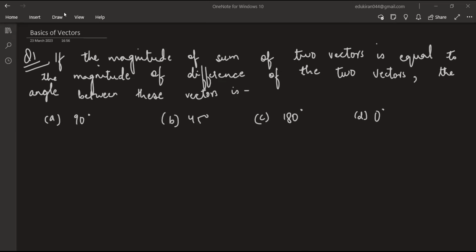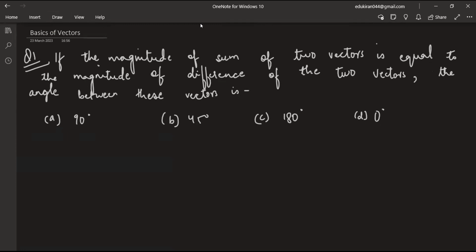See, class here. If I say magnitude of sum of two vectors, right? When it is written magnitude of sum of two vectors, for magnitude it means I can write just a plus b or a minus b like that. That is depicting the same thing.